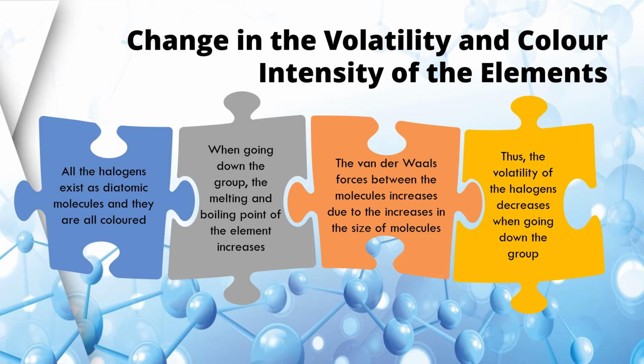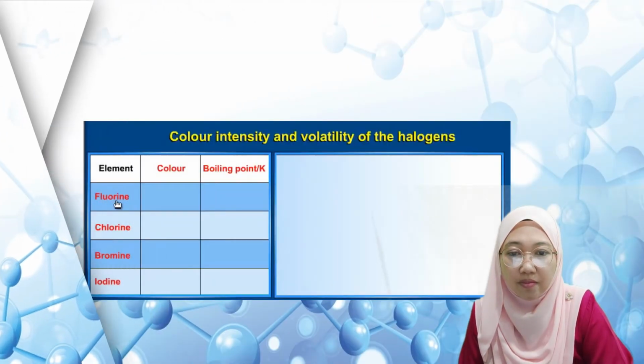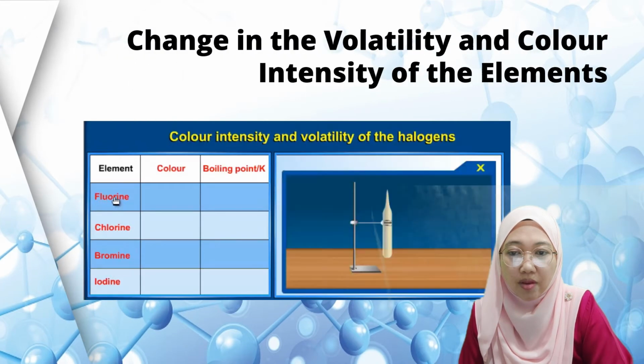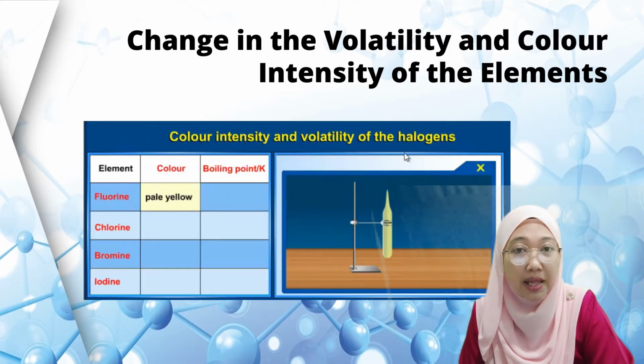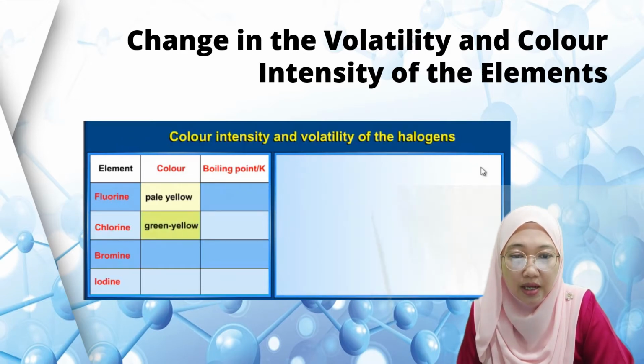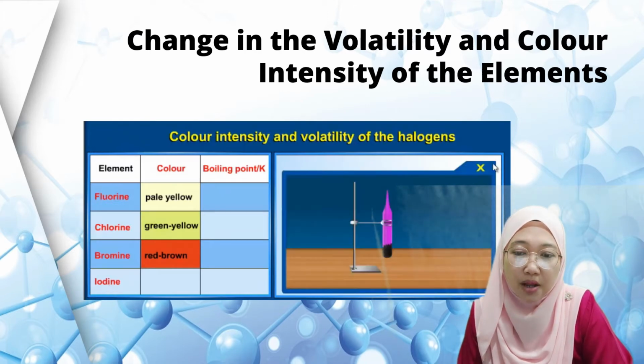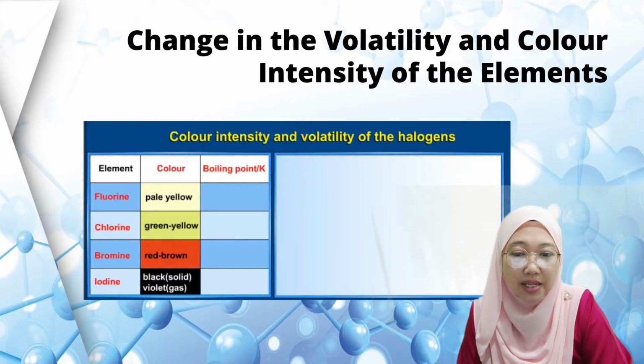Okay, volatility ini ialah dia punya tendensi untuk jadi vapor, volatile. Okay, we look at the color. So fluorine pale yellow, okay, chlorine green yellow, bromine red brown, and iodine black in solid, violet in gases.